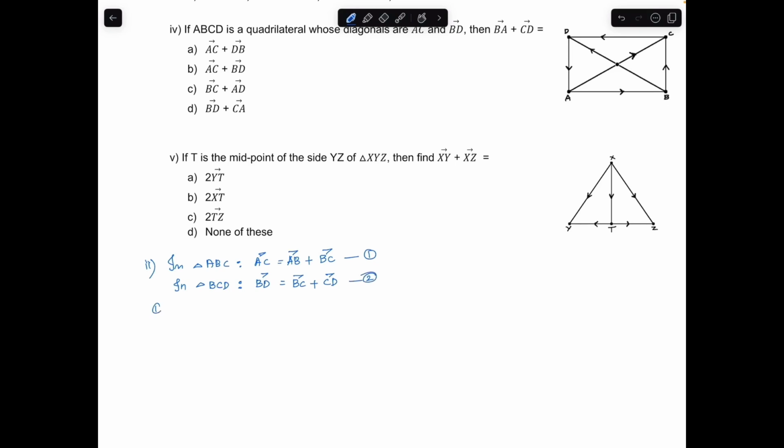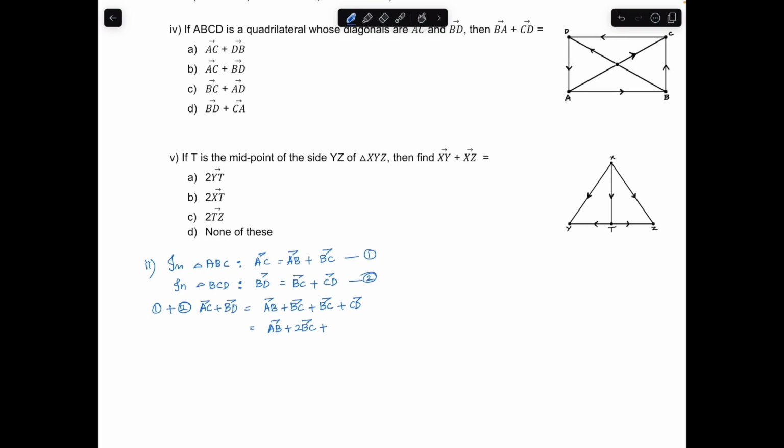Adding both the equations, we get AC plus BD is equal to AB vector plus BC vector plus BC vector plus CD vector. That is AB vector plus 2BC plus CD vector.